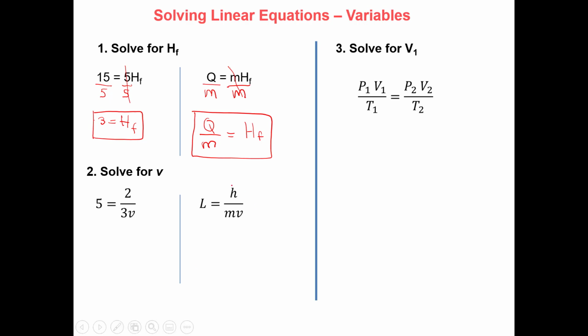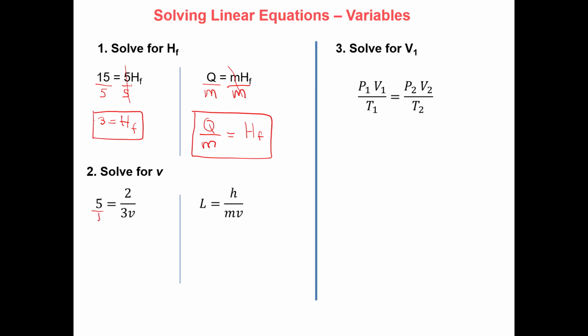Let's try number 2. In this case, the variable is in the denominator, this is v. Then what to do with the variables in the denominator? Remember, we can solve using the cross product. It's easy.